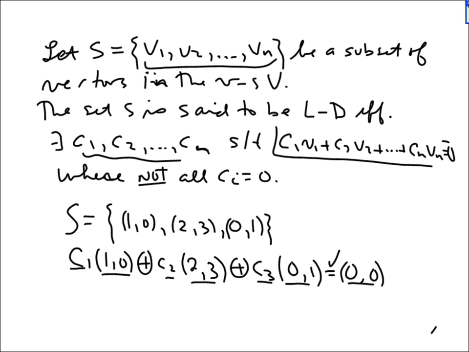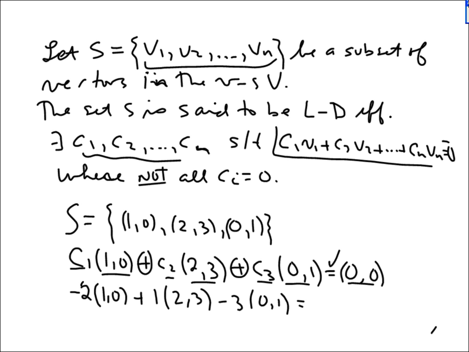Well, if you consider negative 2 times (1, 0), plus 1 times (2, 3), minus 3 times (0, 1), let's see what you'll get.